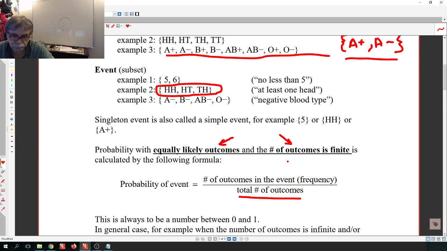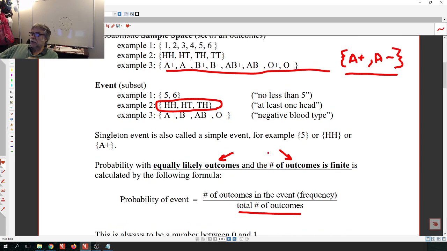Okay? So we are going to call those kinds of events negligible. That's not going to happen if you have equally likely and a finite number of outcomes, like in these three examples we are using. Okay, this would be simply calculated by using this formula.